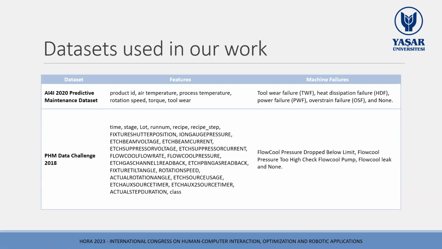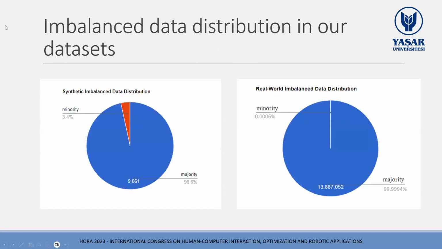Now let's move to the slide where we show the distribution of imbalance of our data sets. As we can see, in total, this one has 10,000 records and 339 are failures, which corresponds to 3.4% of minority class and 96.6% of majority class.